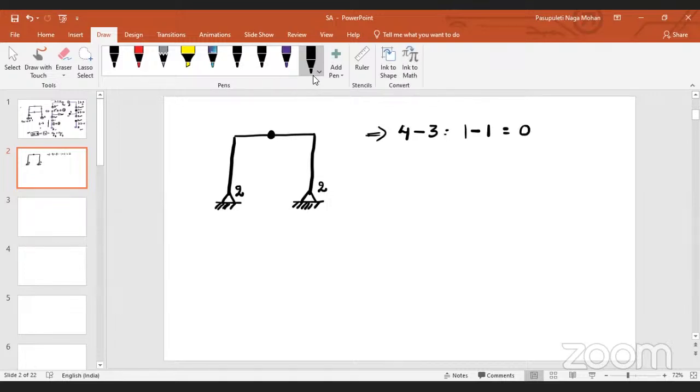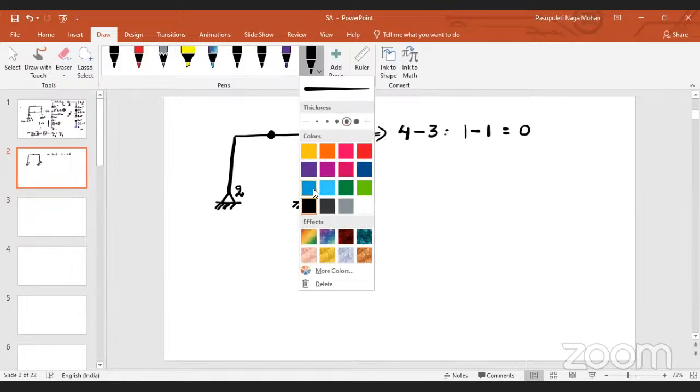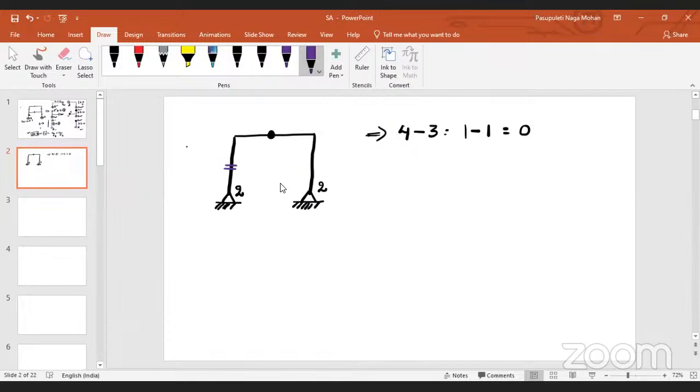So let us try to obtain it the same way as discussed earlier. Let us say we have separated exactly at the hinge point.